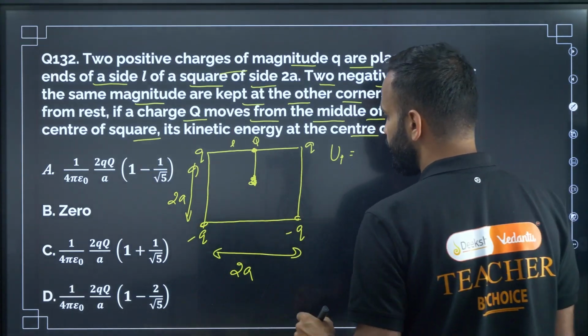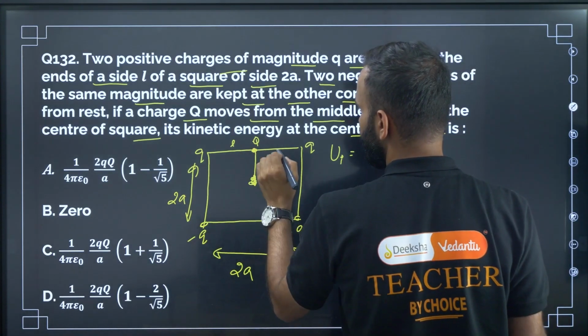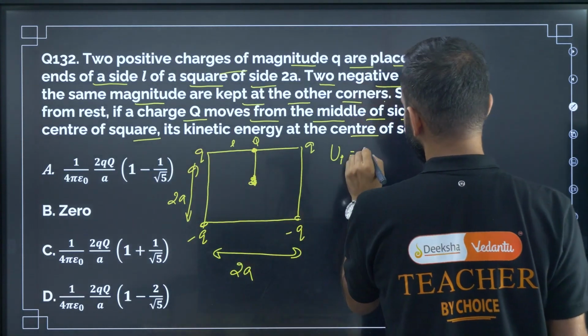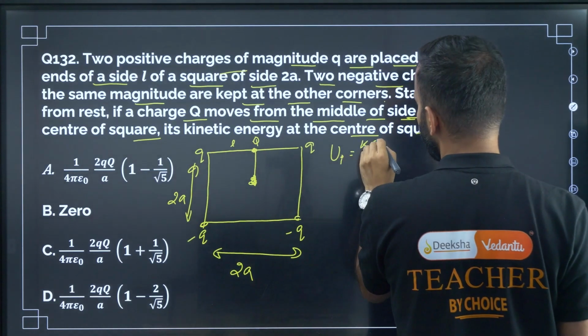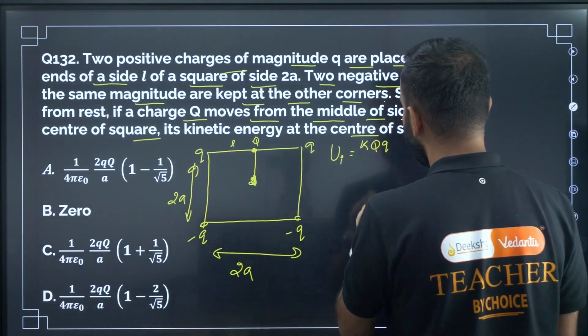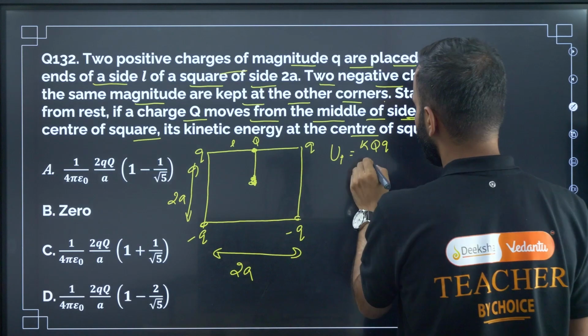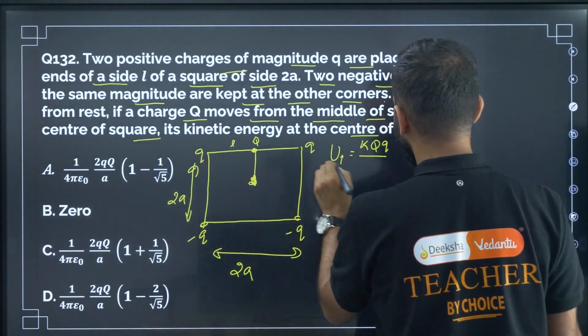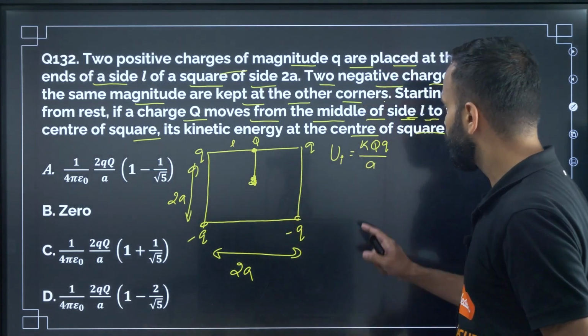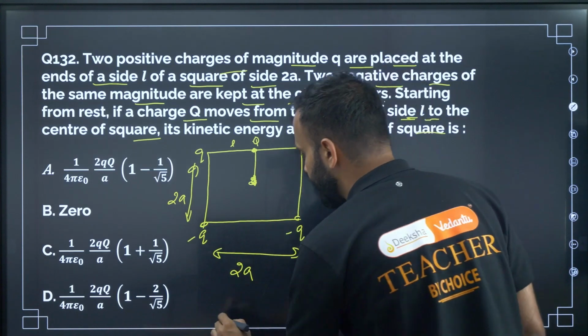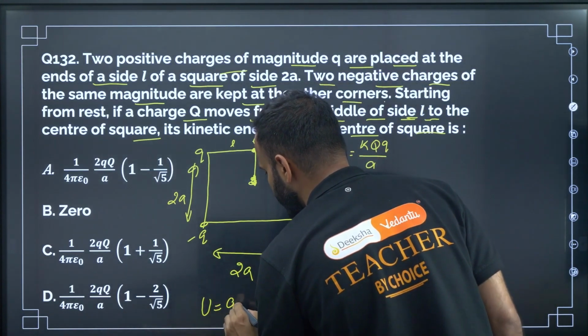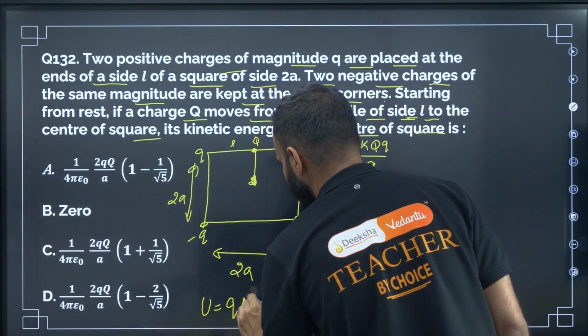So the initial potential energy is the potential energy of the q due to this Q, that is kQq divided by a, right? So how did we get this formula? Here the electrical potential energy U equals q into potential V, right?